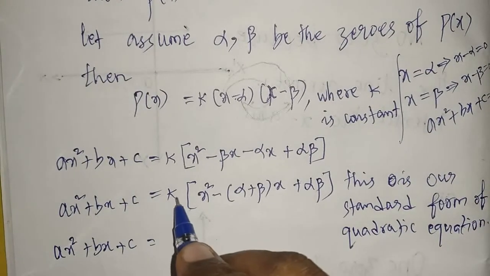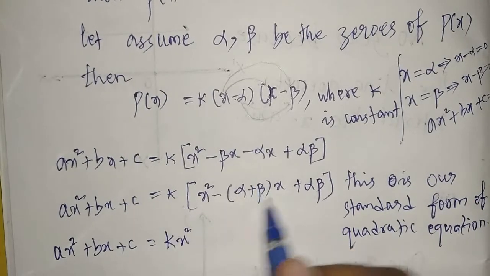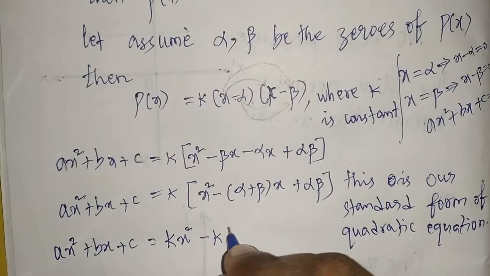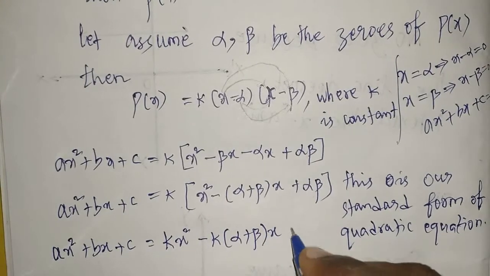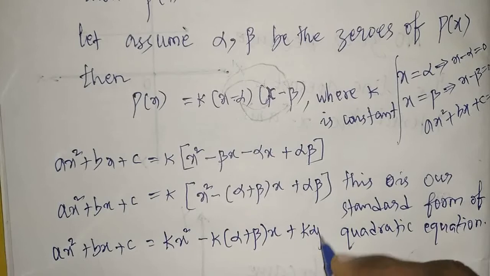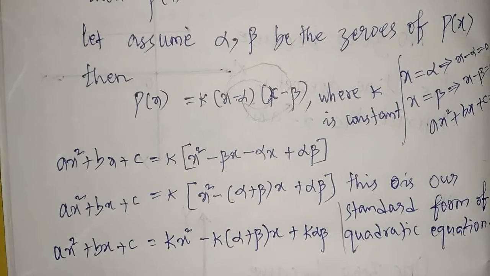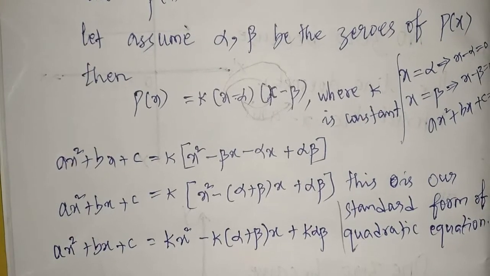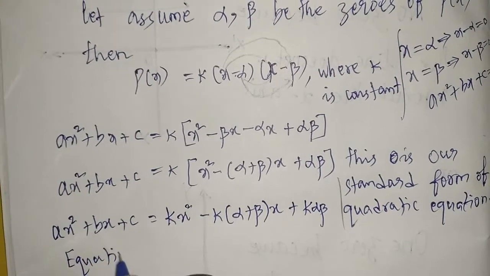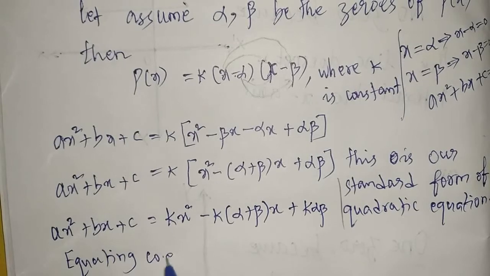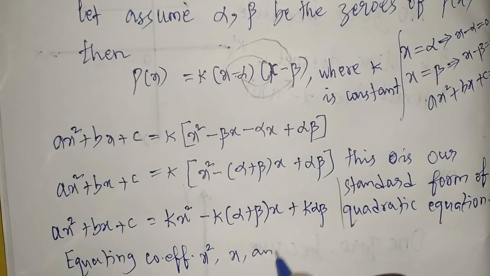So k into x square, k x square, and k into this whole thing you will get minus k into alpha plus beta x, and k into alpha beta, plus k alpha beta. This is separate. Now I'm going to equate the coefficients of x square, x, and constant.